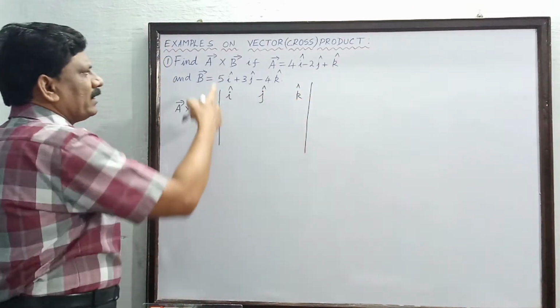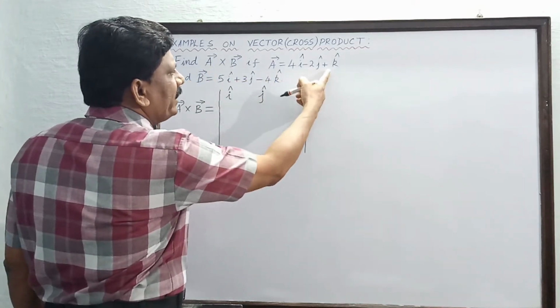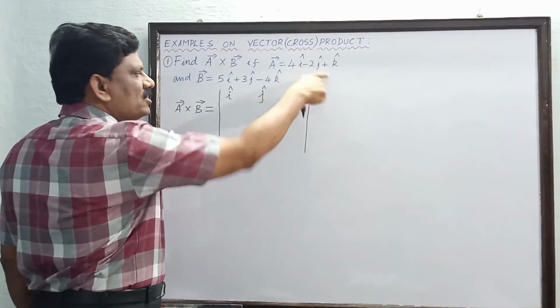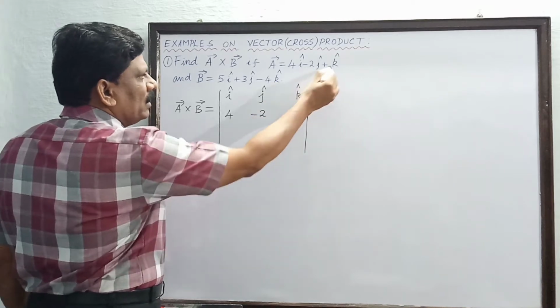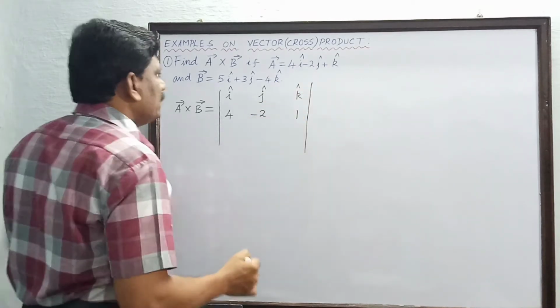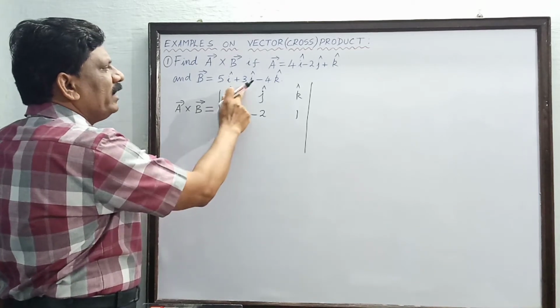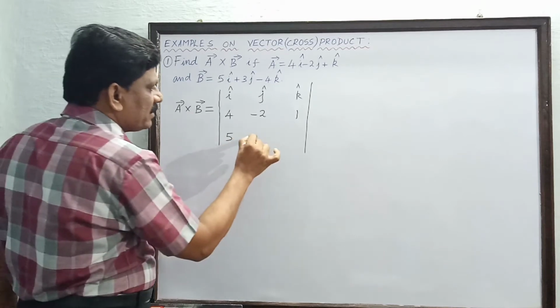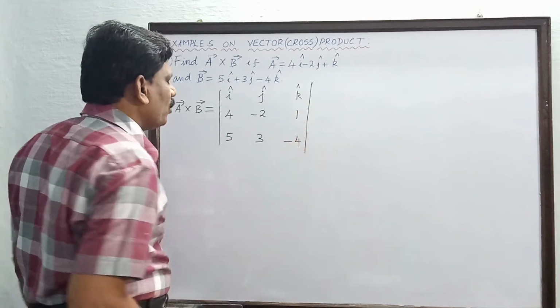What are the components of A? 4, minus 2, 1. So I will write here 4, minus 2 and 1. Similarly, the components of B vector are 5, 3 and minus 4.